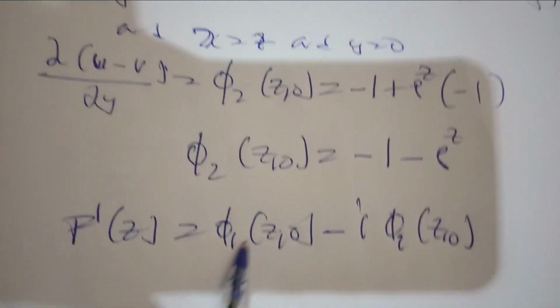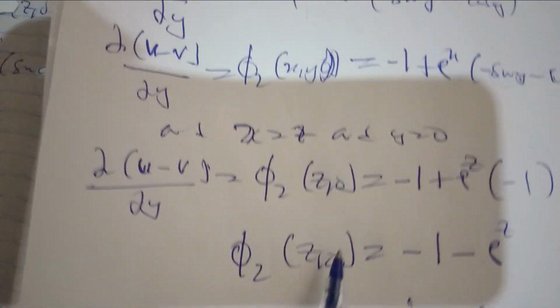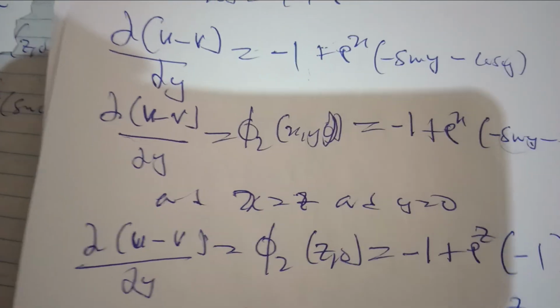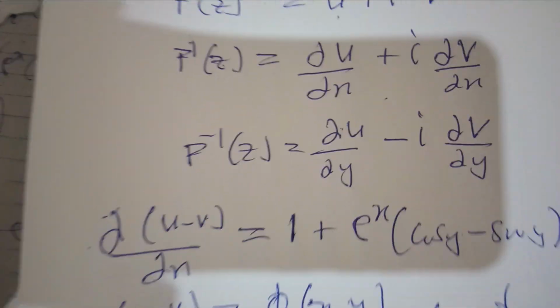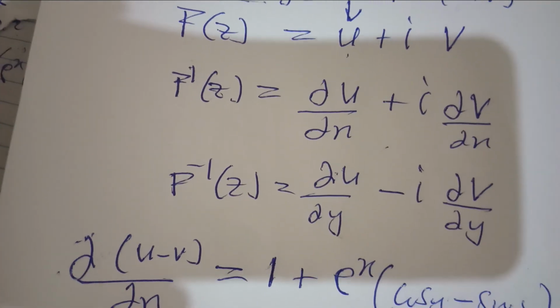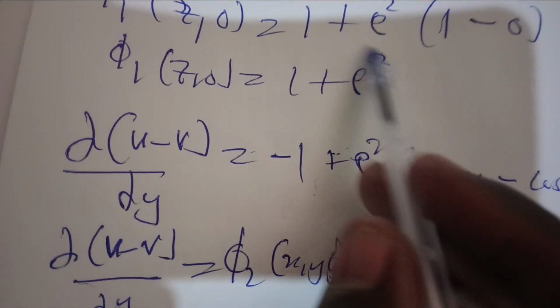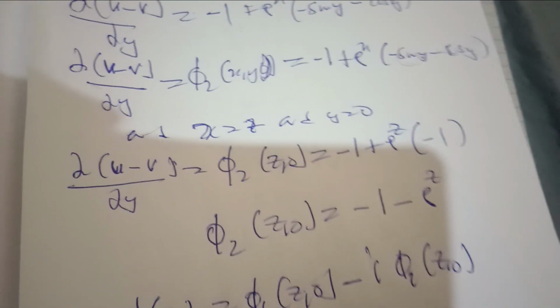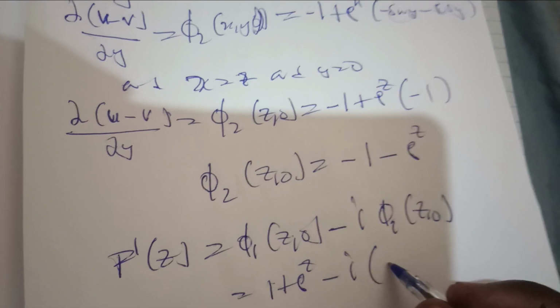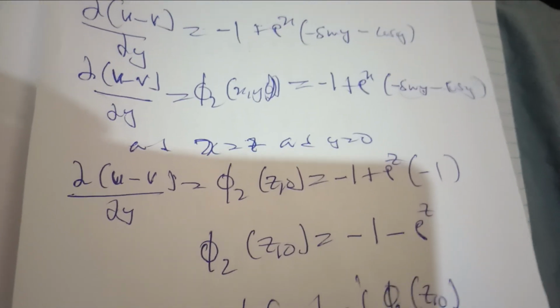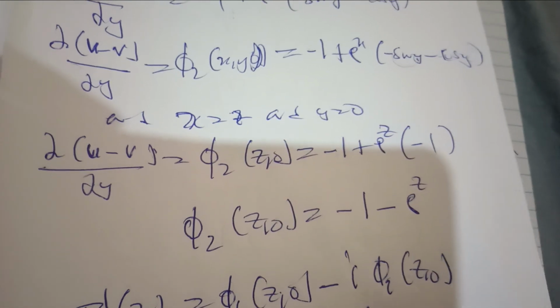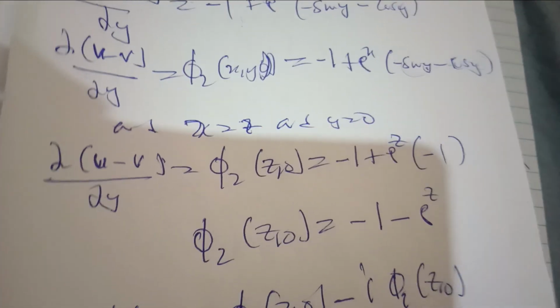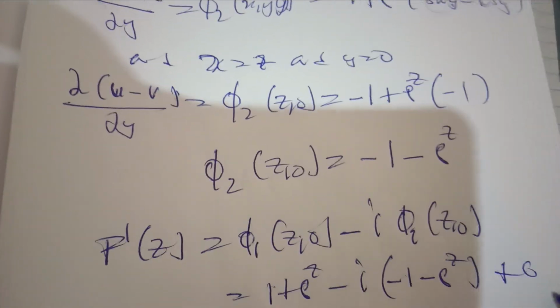So we're going to replace, and we let our phi 1 be our derivative with respect to x, which is this one, and our phi 2 our derivative with respect to y, which is this one. So we have f prime of z is equal to 1 plus e to power z minus i, open bracket, negative 1 minus e to power z, plus c.